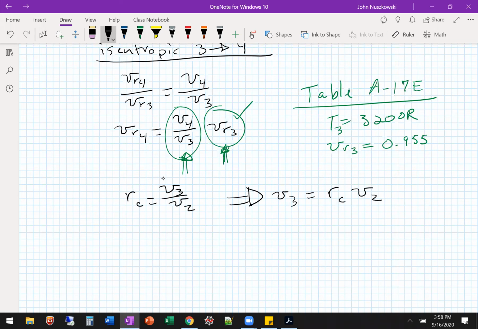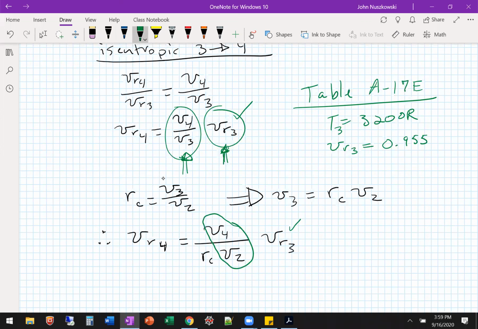If we plug that in, let's make that a bit better. So we have the relative specific volume at 3. We've already solved for the cutoff ratio. Any information for V4 over V2?